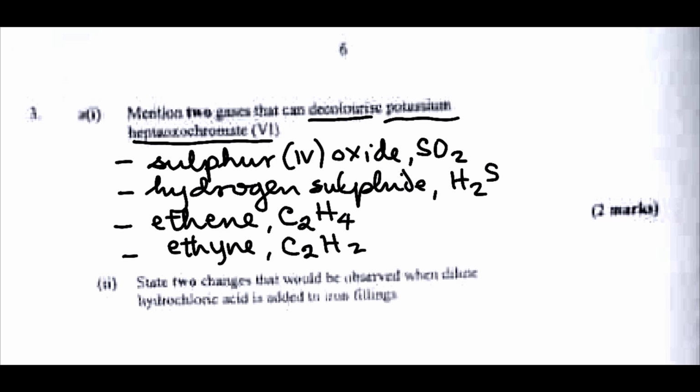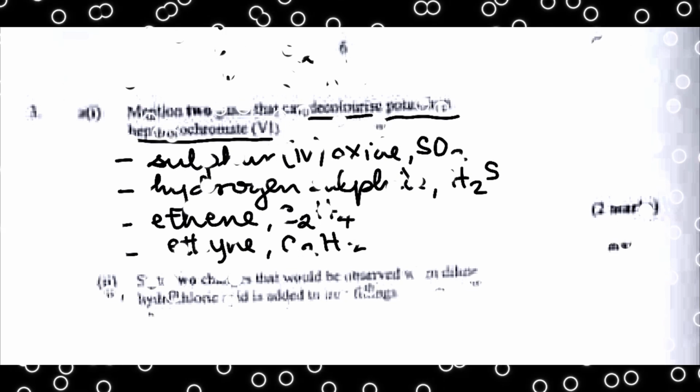Alright, any alkene or alkyne gas will react with potassium heptaoxodichromate(VI). So any of those 2 is correct. Sorry, any 2 of those 4 is correct.